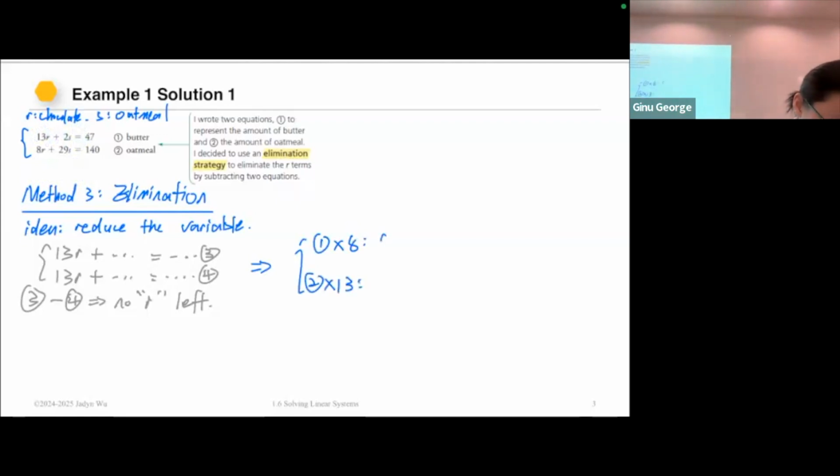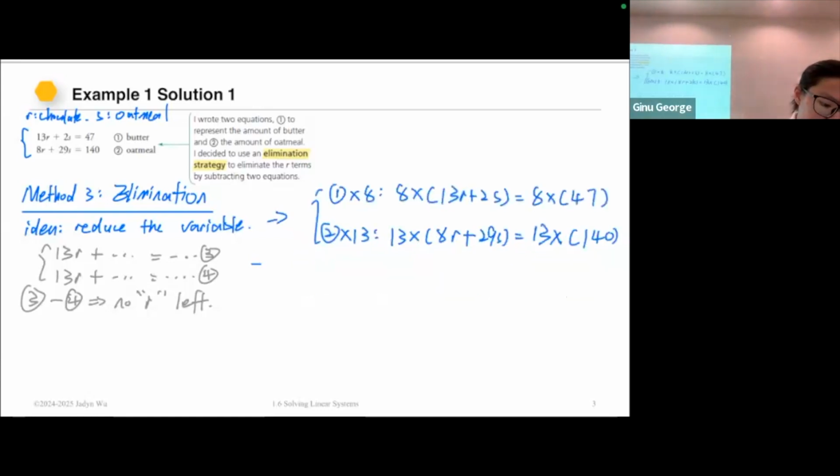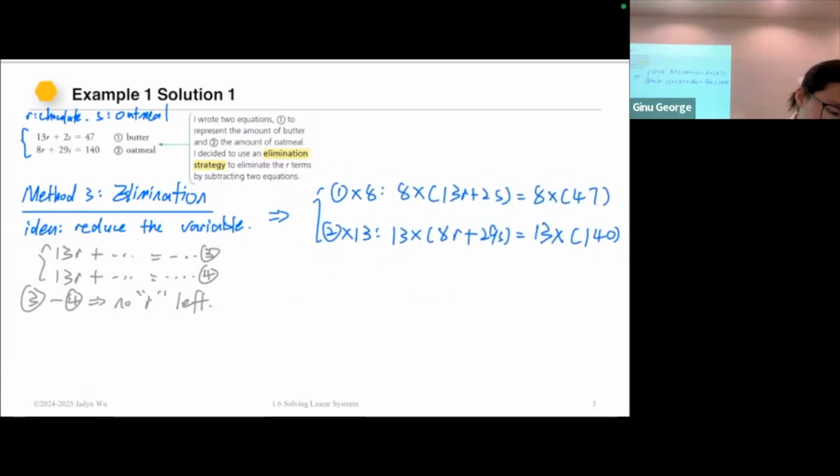After doing that, I can do times 8 on each side, and times 13 on each side for the second equation as well. And then after making sure the equation looks good, I can do the calculations using the distribution method.